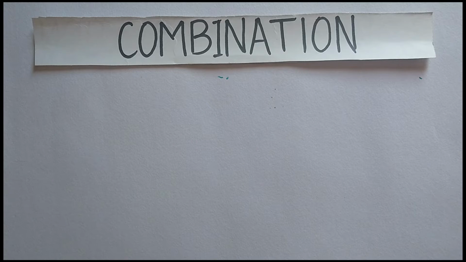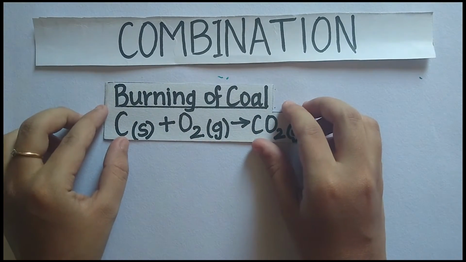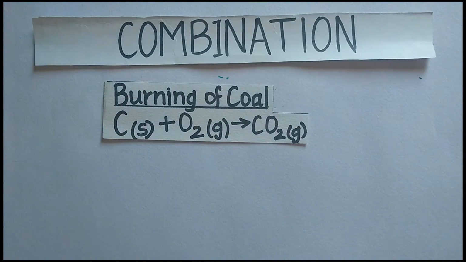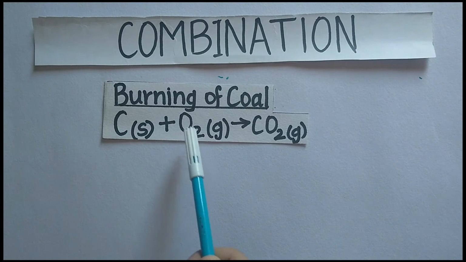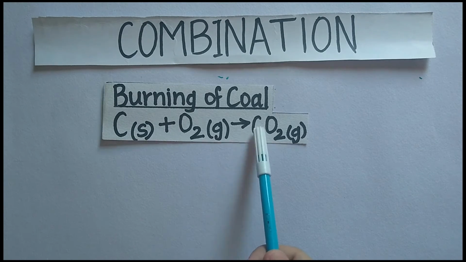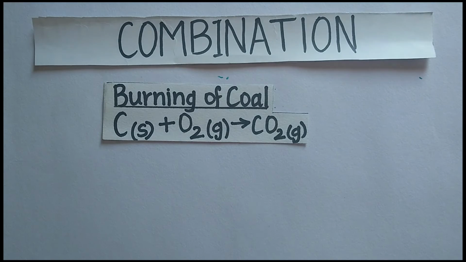Now let us talk about a few more examples of combination reactions. The first one would be burning of coal. So what happens here? Carbon, which is in its solid state, will be reacting with oxygen in air to give us carbon dioxide.